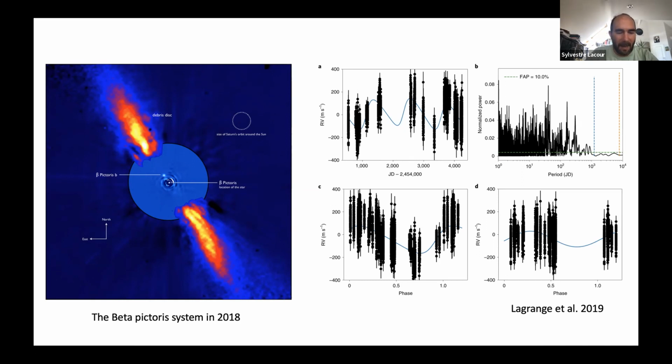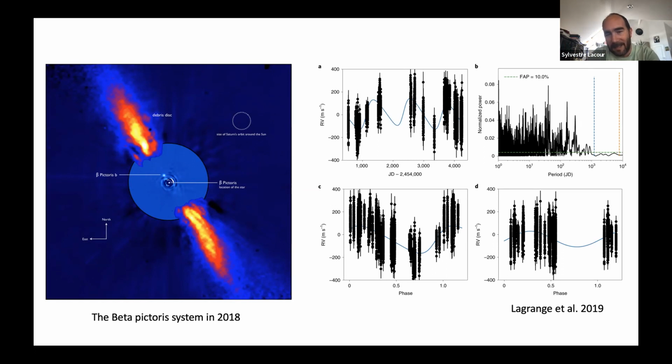And in the case of the Beta Pictoris system, all of you know the Beta Pictoris system. In 2018, there was just one planet with a debris disk, so Beta Pictoris b. But in 2019, Anne-Marie Lagrange published radial velocity data. She was trying to determine the mass of Beta Pictoris b at the time.